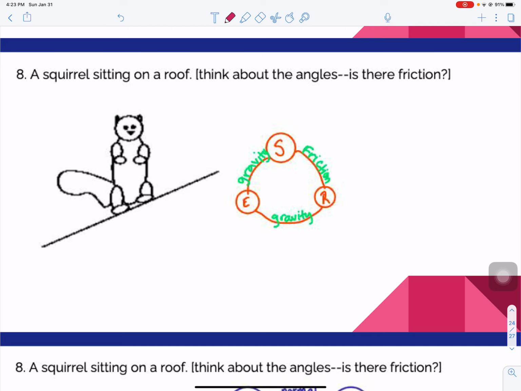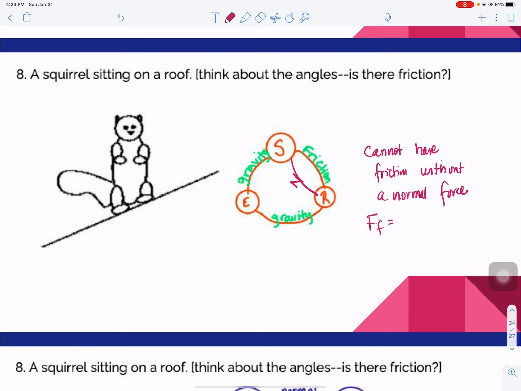Pretty close. We are missing normal. Anytime you have two solid objects in contact with each other, there has to be a normal, or you can say you cannot have friction without a normal force. Okay. Because force of friction is mu times the normal force.